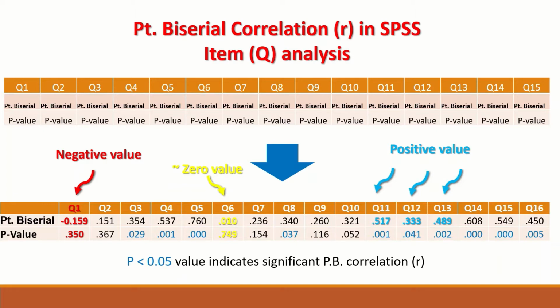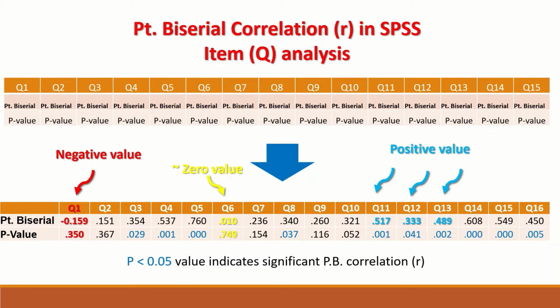As we can see here, for each individual question, there is a point-biserial value calculated and a p-value, for question number 1 to question number 15. Again, here we have the questions with their point-biserial value and p-value.